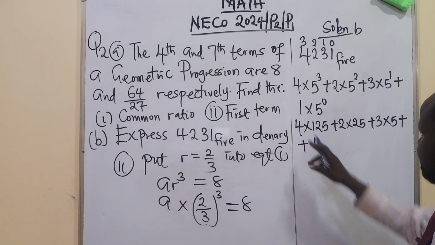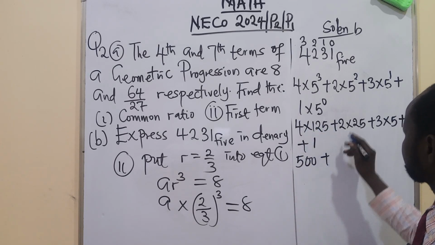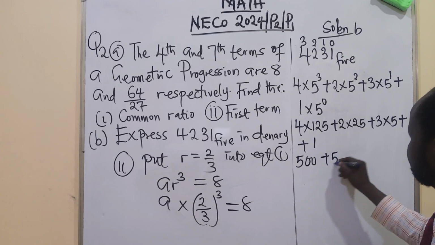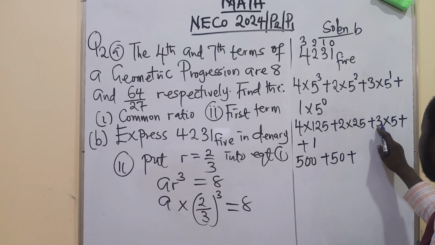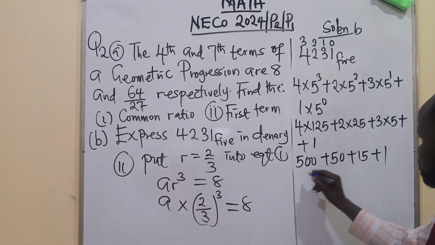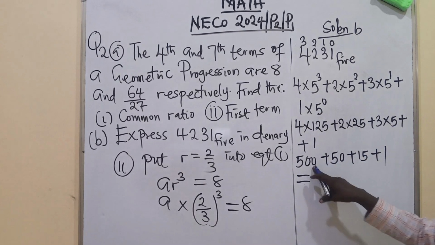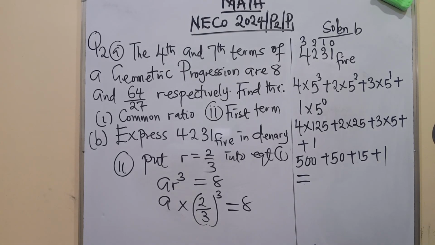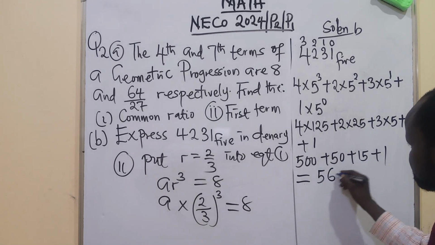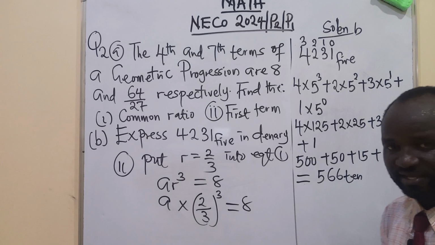So let's multiply. 125 times 4 is 500, plus 2 times 25 is 50, plus 3 times 5 is 15, plus 1. 500 plus 50 is 550, plus 15, then plus 1. That will be 566 in base 10.